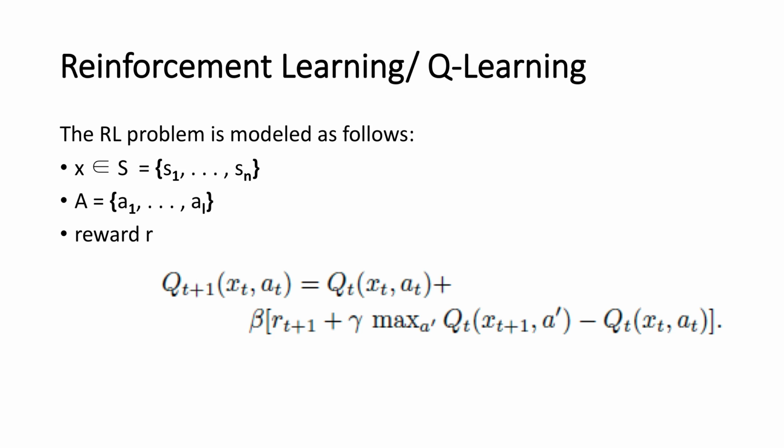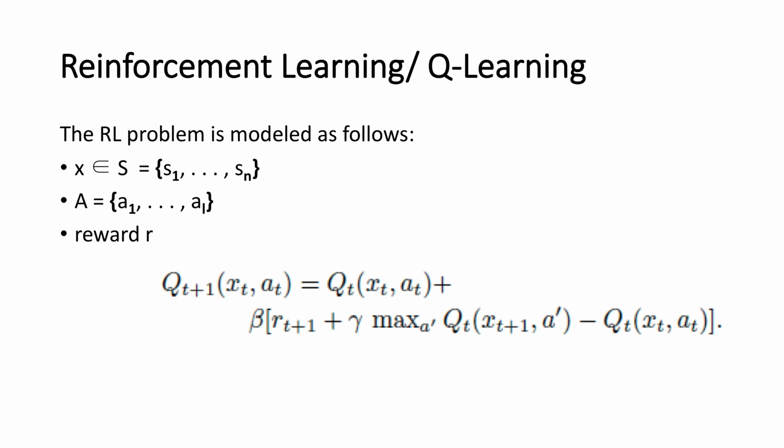After the execution of the action in X, which is the state, the agent receives an immediate scalar reward R, and the corresponding Q value is updated by TD learning, or temporal difference learning, according to this rule.